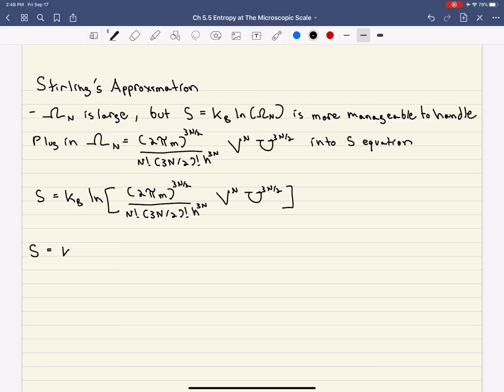So I'm going to rearrange the formula a little bit and split up the terms. This is squared, but this is to the 3 halves.